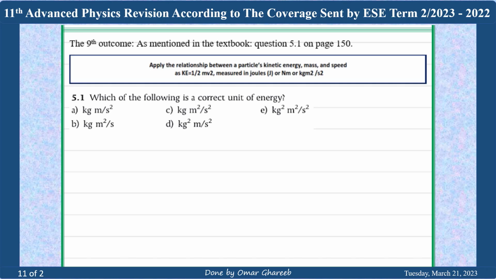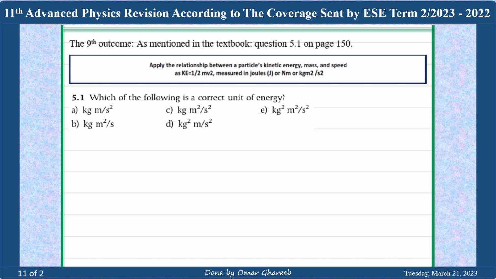I don't know what the problem is with the coverage. The coverage suggests that to satisfy outcome number 9, you solve question 5.1, which is the same as for the first outcome. Meanwhile, the outcome itself asks you to apply the relationship, not to find the unit of energy.